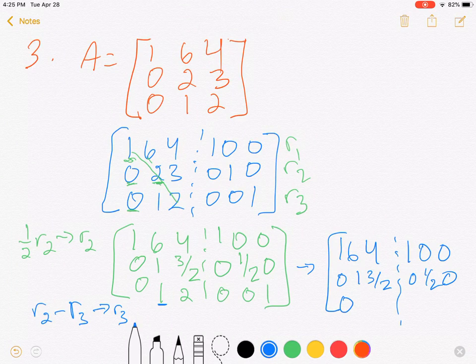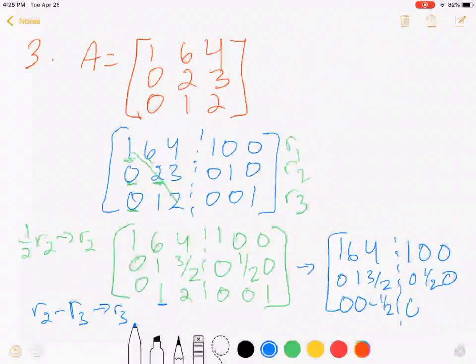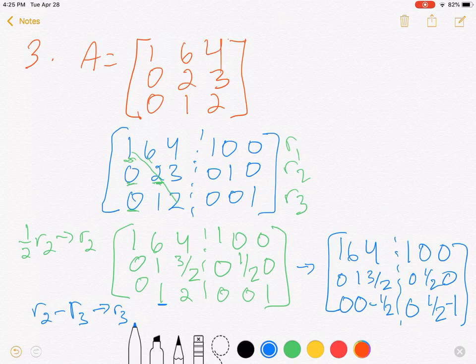And now the bottom one becomes 1 minus 1 is 0. 3/2 minus 2 is negative a 1/2. And then 0 minus 0 is 0. 1/2 minus 0 is a 1/2. 0 minus 1 is negative 1. Okay, so all it is, I took row 2 minus row 3 and made it row 3.